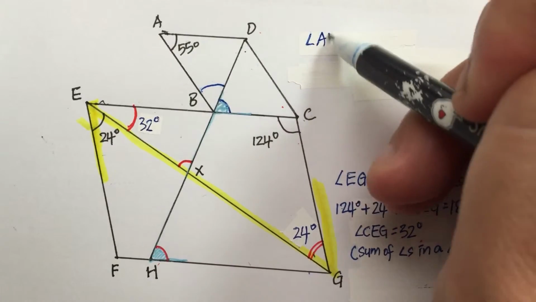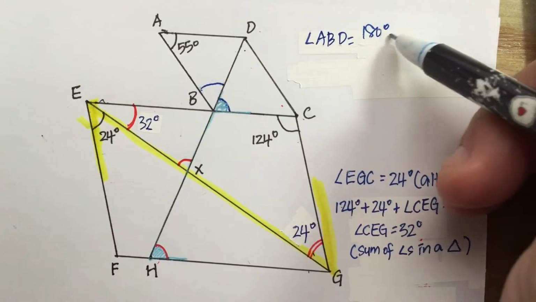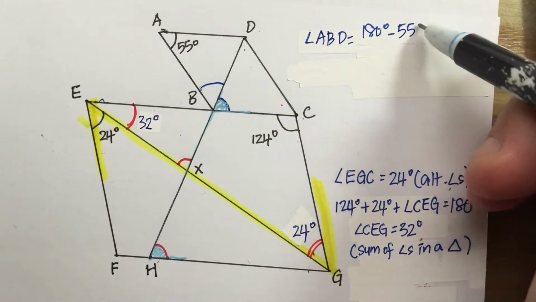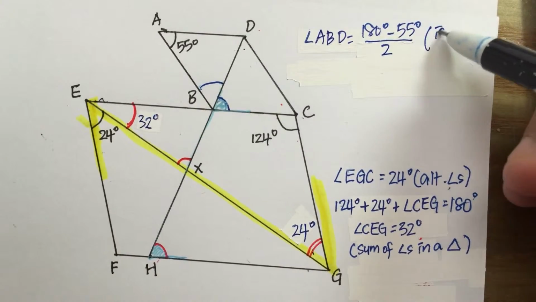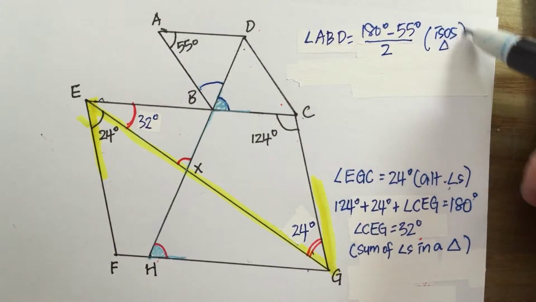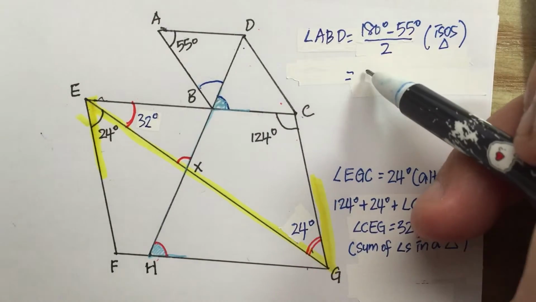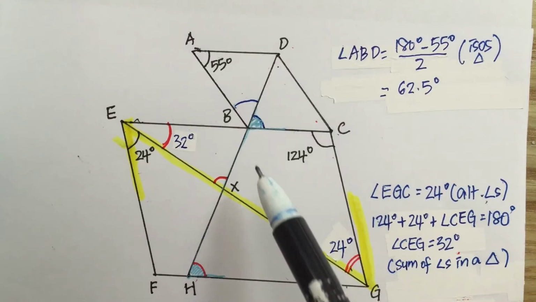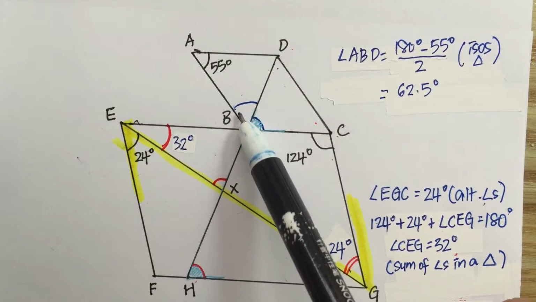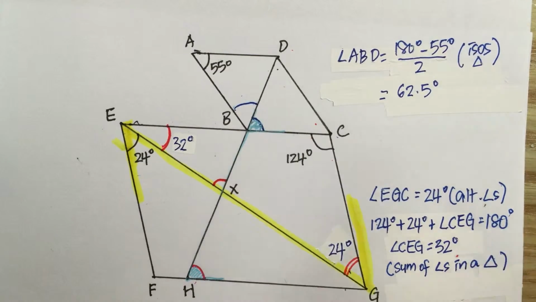Angle ABD is equal to 180 degrees minus 55 degrees, divided by 2. Reason being isosceles triangle. And so we get the value, which is 62.5 degrees. Since this is 62.5 degrees, this is also going to be 62.5 degrees.